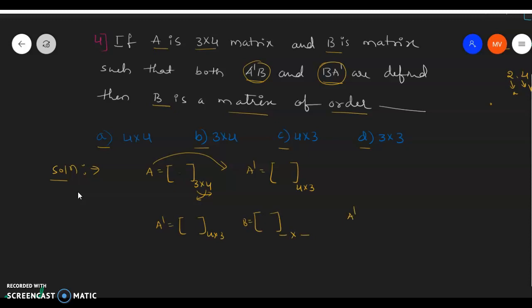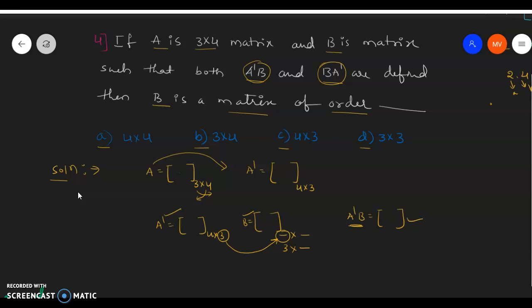Since he says that A dash B is well defined, when is A dash B defined? When the column of matrix A dash equals the row of matrix B. So it will be 3 here.